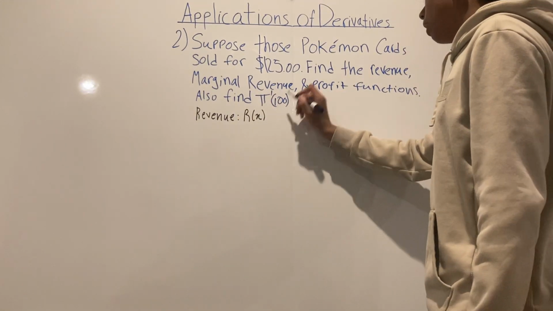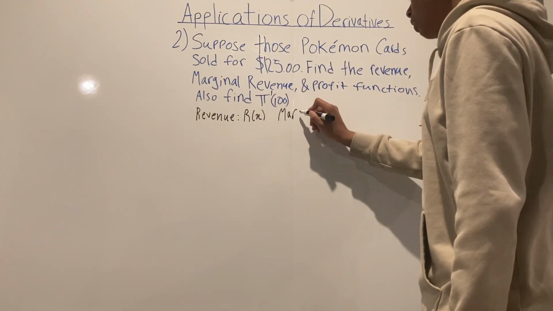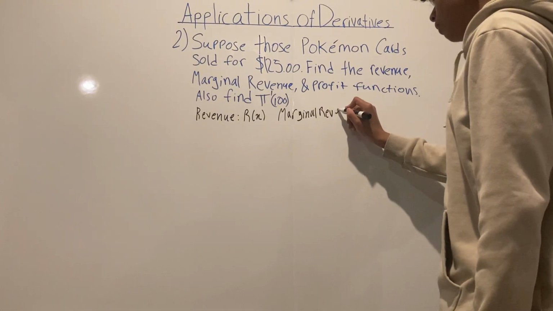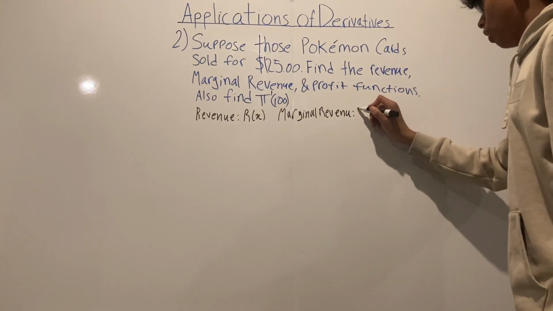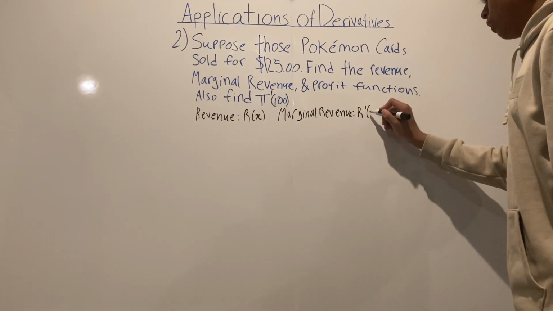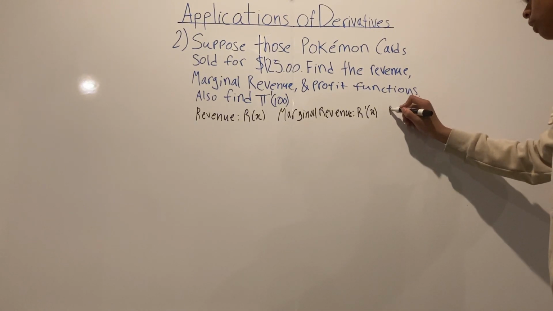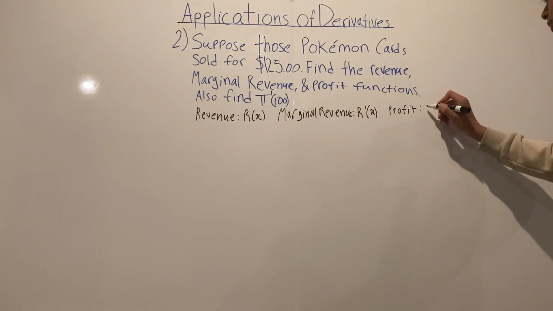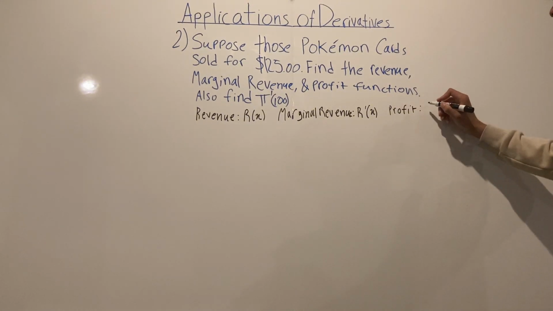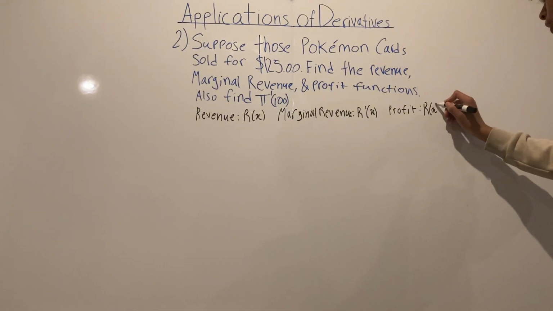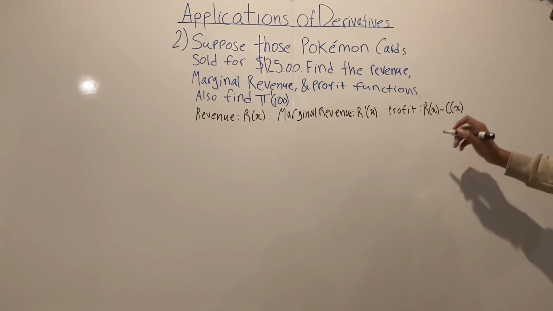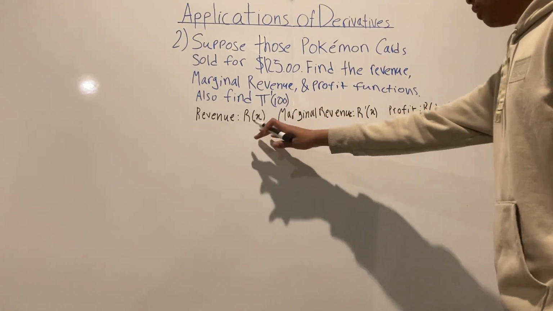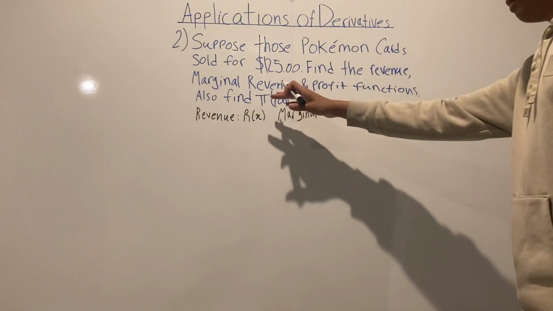The marginal revenue is R prime of x, and the profit function is the revenue function minus the cost function, so R of x minus C of x. And this is also said as pi of x. And we have to find all three of these functions, and P prime of 100.